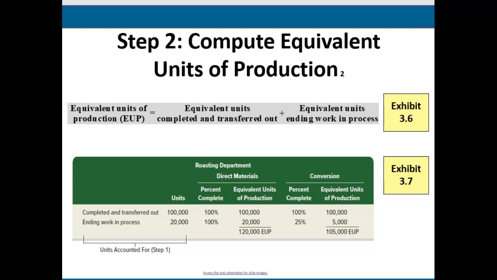We start with the 120,000 units accounted for from Step 1 and convert them to EUP. Units completed and transferred out are always 100% complete for both materials and conversion. This means the roasting department completed and transferred 100,000 EUP for both materials and conversion.